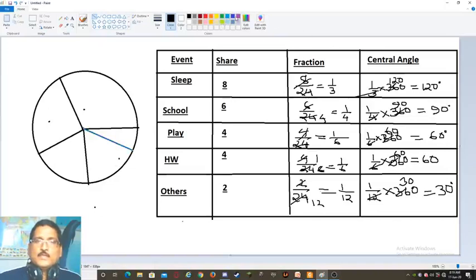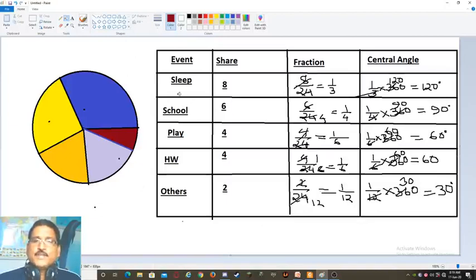Now add some color here: blue, orange or yellow, and outside mention the different names. Sleep 120 degree, then school 90 degree, then play 60 degree, homework 60 degree, and others 30 degree. That will be your complete work.